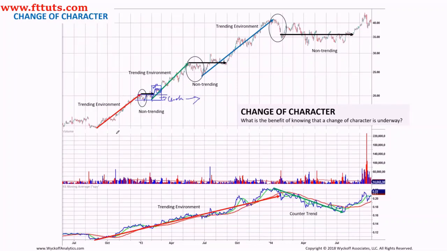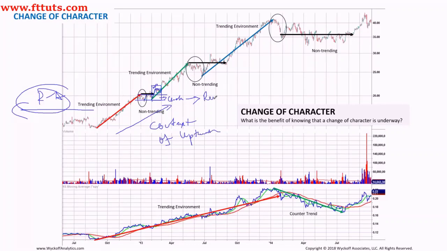And within the context of the previous range, which we thought was a reaccumulation range, and then the context of the uptrend, we are saying that the change of character acts as a resumption of uptrend. Why is this significant?